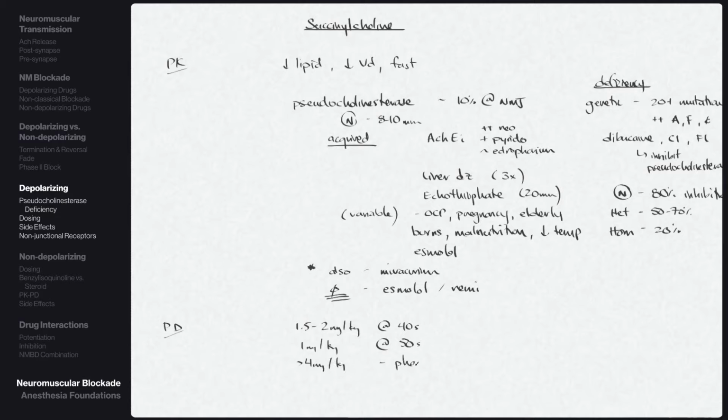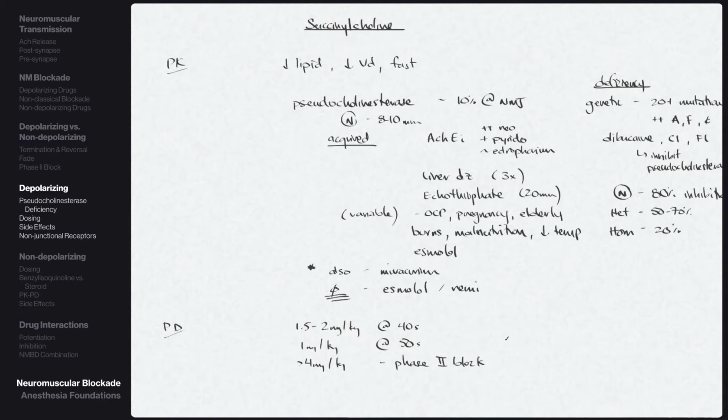As we mentioned before, our phase 2 block is likely because of either an overdose of succinylcholine, giving a second dose, or potentially even over-titrating an infusion, which isn't really done today but was done a few decades ago as a common way of keeping a patient paralyzed.